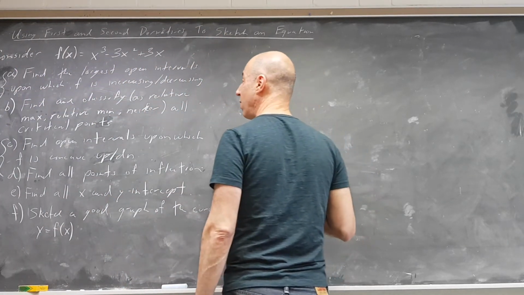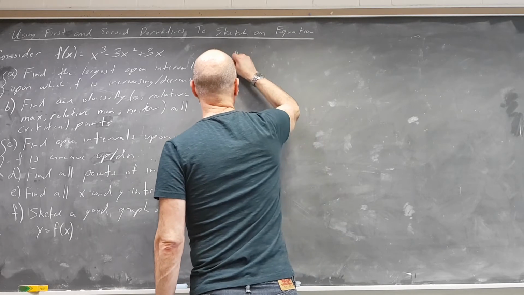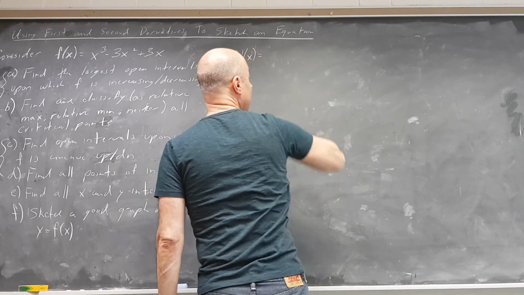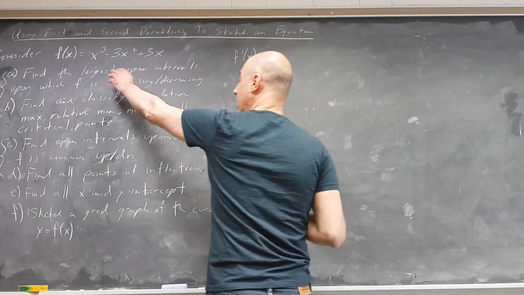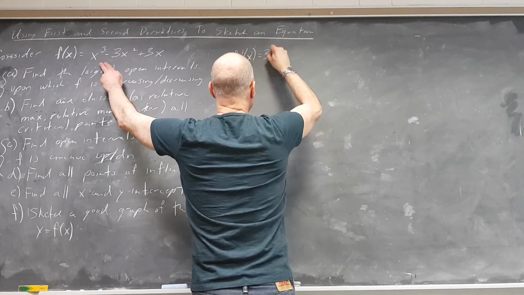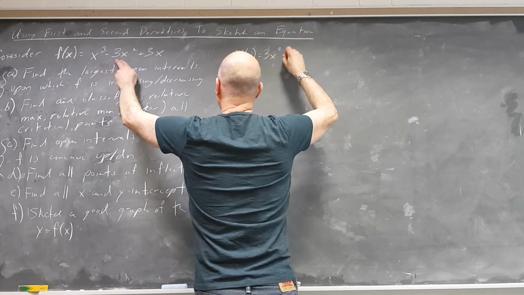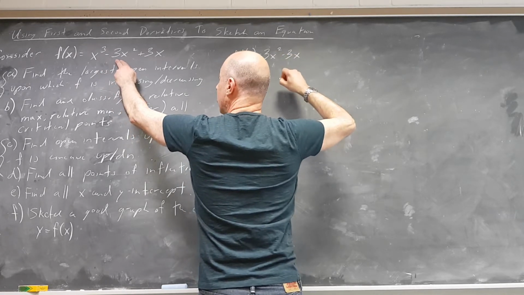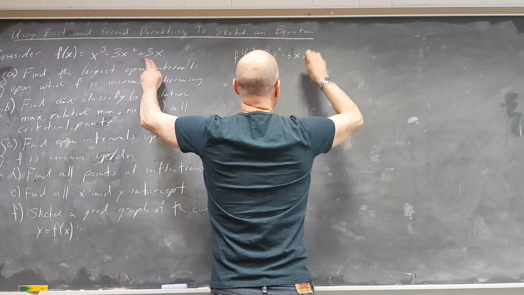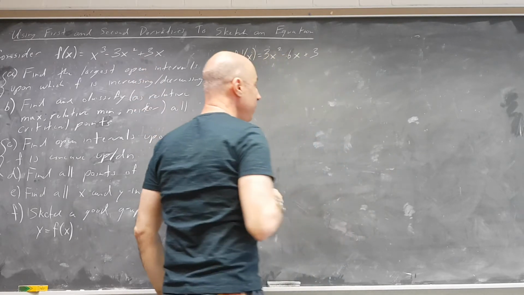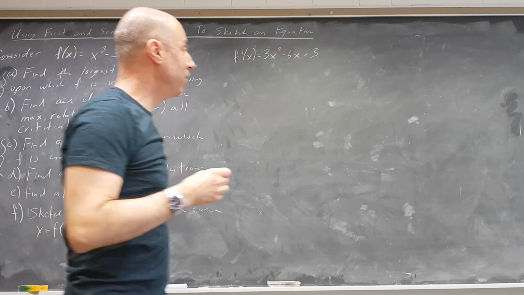Let's start with the first derivative. F prime of x equals, this shouldn't be too hard after some of the derivatives we've done, 3x squared minus 6x plus 3. Let's do a sign chart for this.